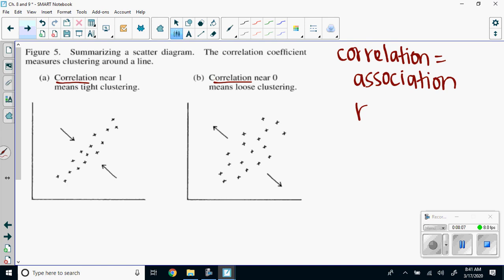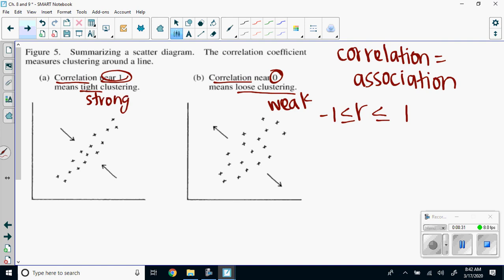I don't know why they chose the letter R, but it's what they did. Correlation is always going to be between -1 and +1. 0 correlation means very loose or weak. Clustering near 1 means very strong clustering.